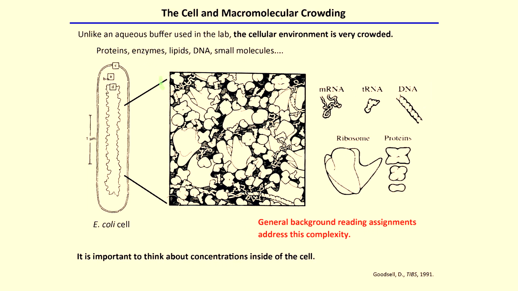But I just show you this simple E. coli cartoon and this depiction here to emphasize how crowded the cellular environment is. Right, so we have an E. coli of about 2 microns long and maybe half a micron wide, a volume of about a femtoliter. Okay, and if we think about the E. coli genome for a minute, it encodes about 4,000 proteins. That's a lot of proteins.